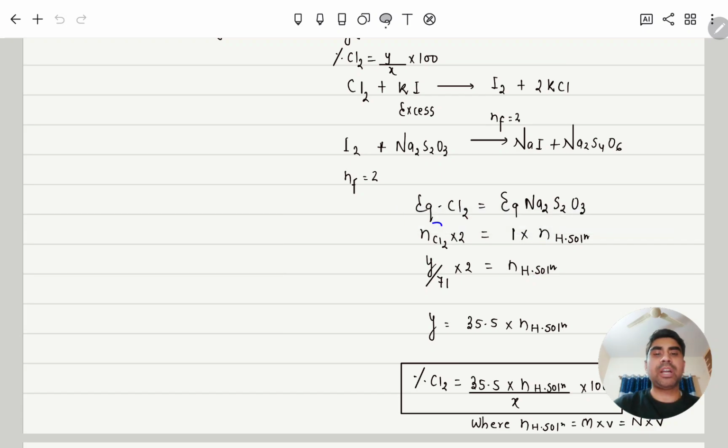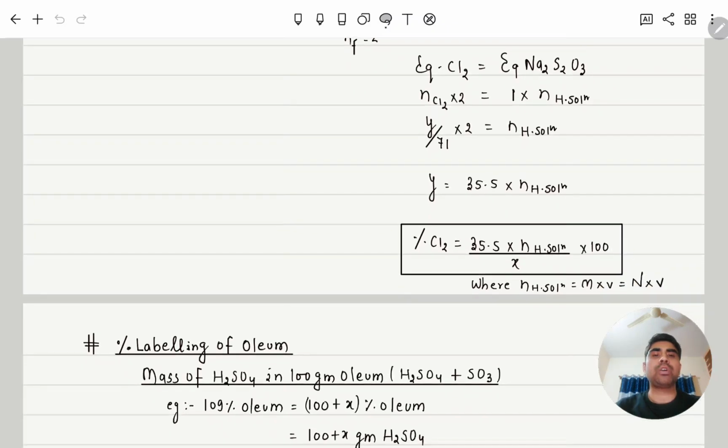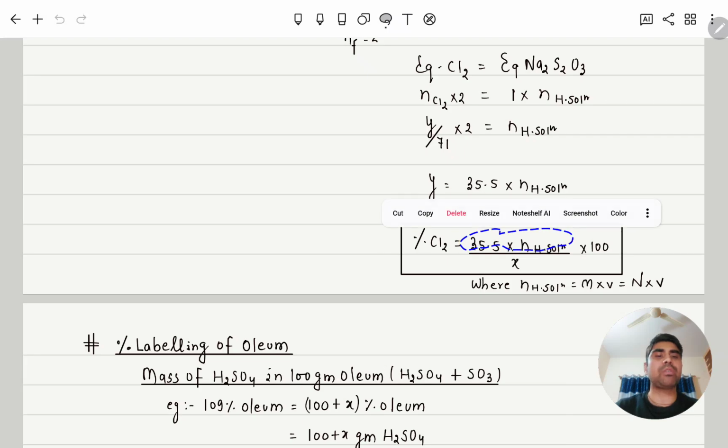So from here, the given mass divided by molecular mass into 2 is equal to the number of moles of hypo solution. So overall y, the weight of chlorine, is equal to 35.5 into the moles of hypo solution. So percentage chlorine is 35.5 into the number of moles of hypo solution divided by x, where x is the mass of bleaching powder, into 100.